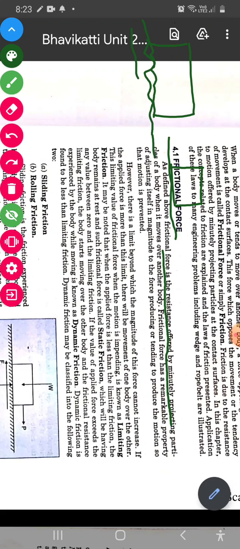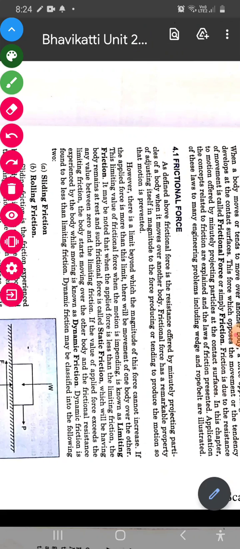So these minutely projected particles offer resistance. They try to stop the motion. So that is nothing but your resistance force. It's a kind of reaction force.